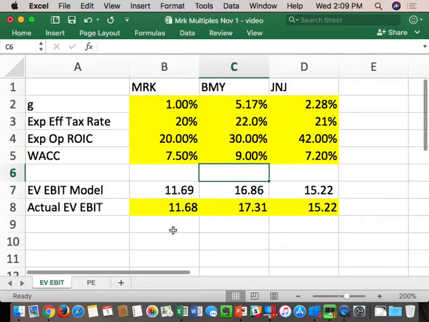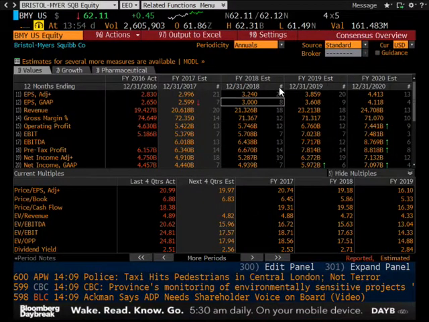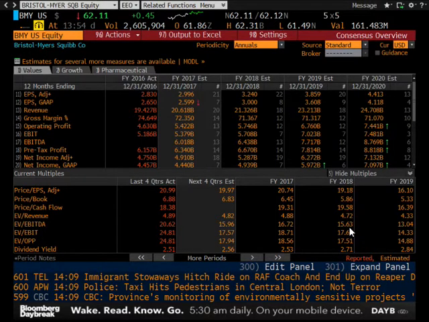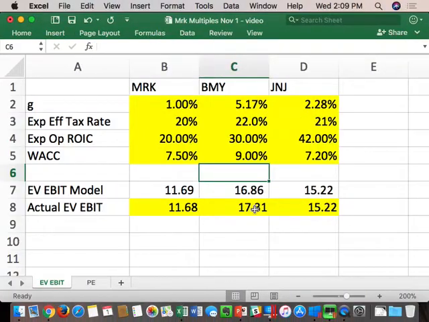And here, again, I don't think the effective tax rate is going to change. Operating ROIC is probably not going to change. We already adjusted the WACC. So for EV to EBIT, just double checking, 2018 today is 17.63 for Bristol-Myers.